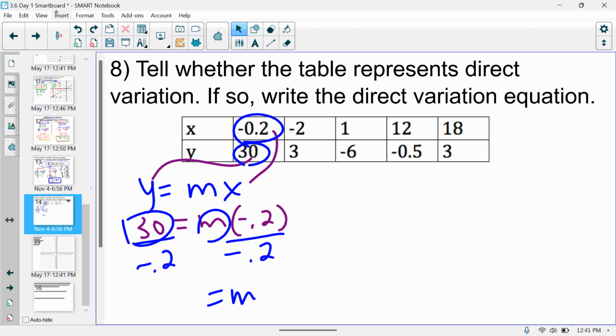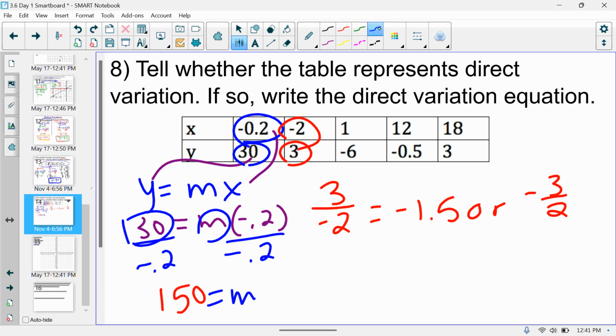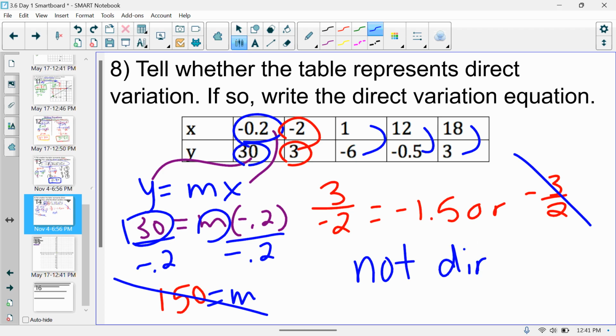Okay, let's see. That one, 30 divided by -0.2, you should have gotten 150. So if we take the y divided by the x here, you're going to get -1.5 or -3/2. Not the same thing, okay? So guys, really, we could do y divided by x for all the rest of them, but we don't really need to waste our time, because if they're already not the same, then it's not direct variation.